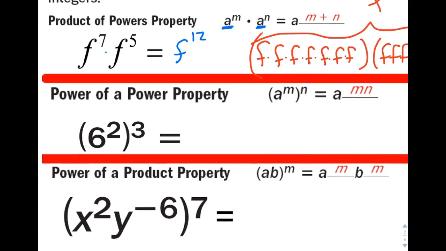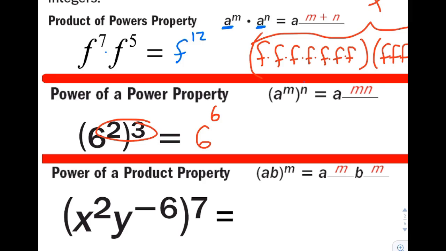A power of a power, this is when you have an exponent with another exponent raised. So this one we would read as 6 to the 2nd all to the 3rd. Over here, a to the m all to the nth. And this is a product. You multiply those two numbers together. So we are going to multiply 6 and 2, and this becomes 6 to the 6th.